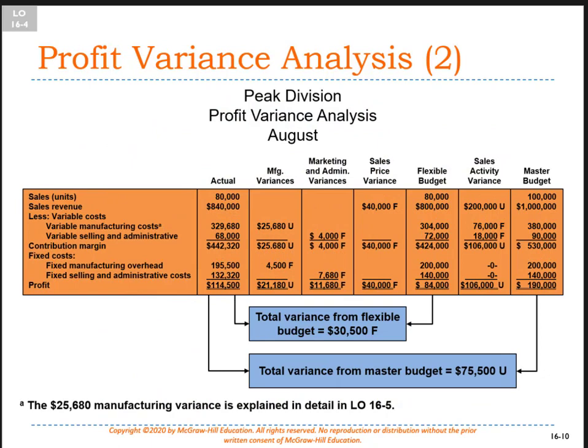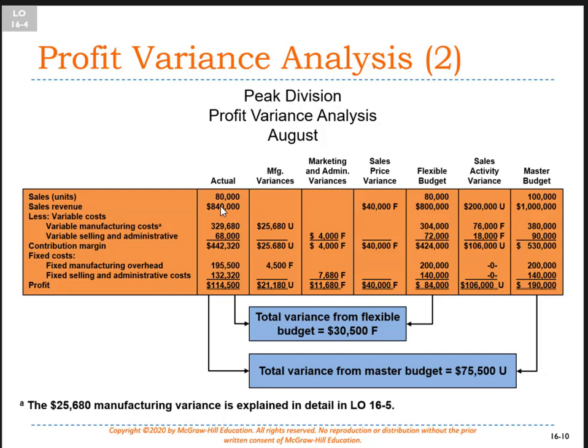Now this looks kind of complicated, but what we want to focus on is, remember, this was the master budget we started with, and this is the flexible budget. We already noted this $200,000 sales activity variance. We were down $200,000 in sales just because we sold 20,000 units less. But our actual revenue was $840,000.